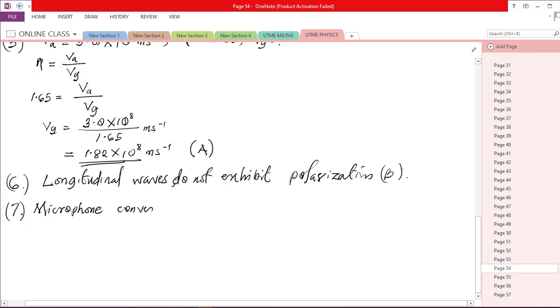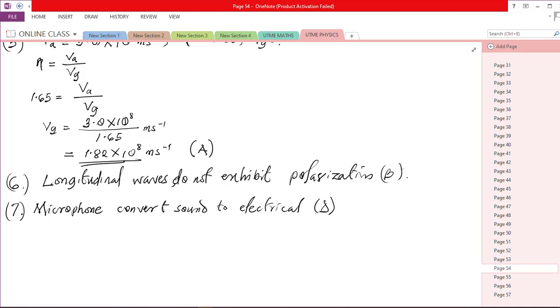The microphone converts sound to electrical. And the answer there is D. Now you see, loudspeaker converts from electrical to sound.